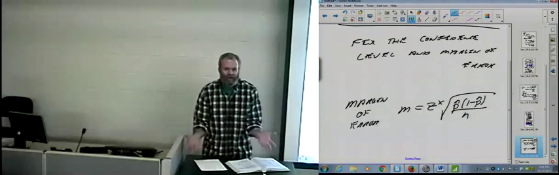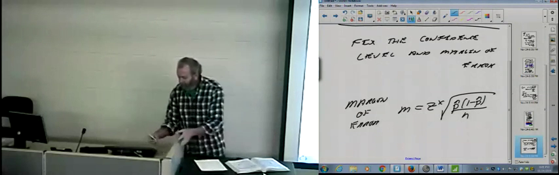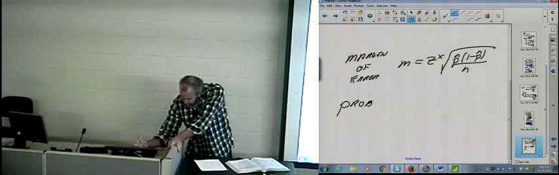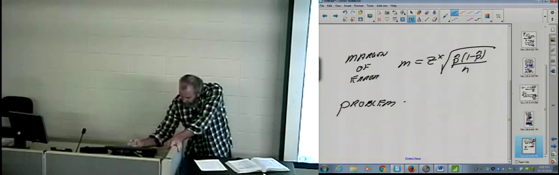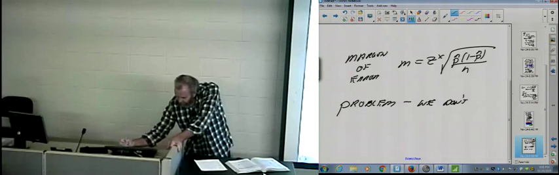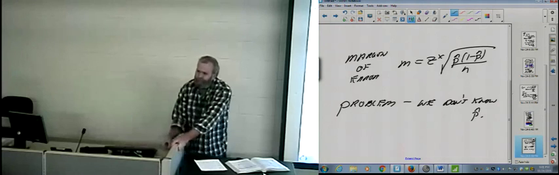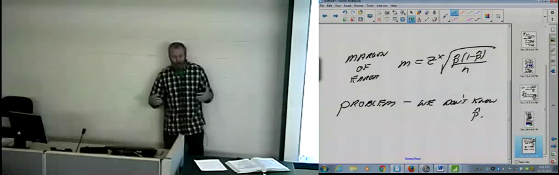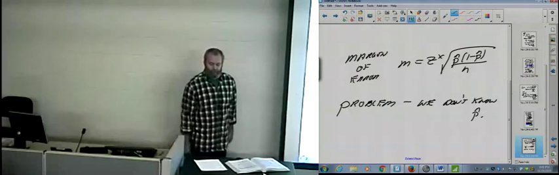You're not going to know p hat. So, problem. We don't know. Remember, this is before the sample is chosen. You're trying to figure out what sample size to take.